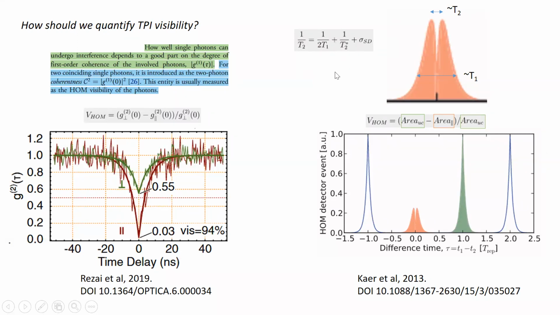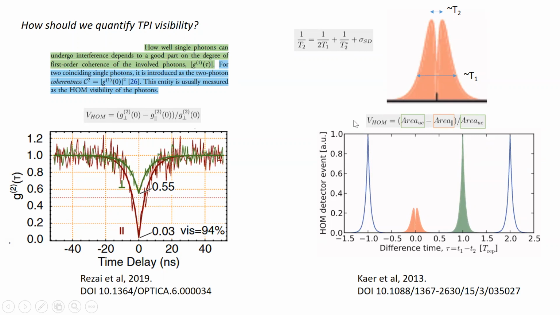You'll recall Twan's favorite equation here: the coherence time is dependent on the excited state lifetime, the pure dephasing time, and also some spectral diffusion rate. So the idea is that if you have no spectral diffusion and your pure dephasing time is infinitely long, then you get this limiting case where the coherence time is twice the excited state lifetime. In that case, the area of this region would be 0, and that's perfect visibility.